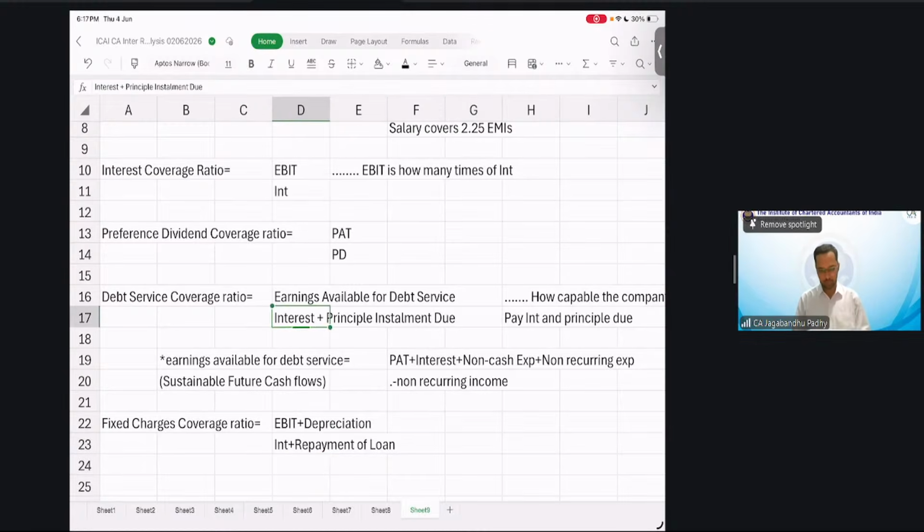So the denominator is one and the same, but the numerator is a bit simple, so that you can calculate this ratio quickly. And if you're not able to get the numbers appropriately for the debt service coverage ratio because you don't have time to do that much investigation, a quick way of understanding how capable the company is, is your fixed charges coverage ratio, which is EBIT plus depreciation upon interest plus principal. Okay, are we clear?